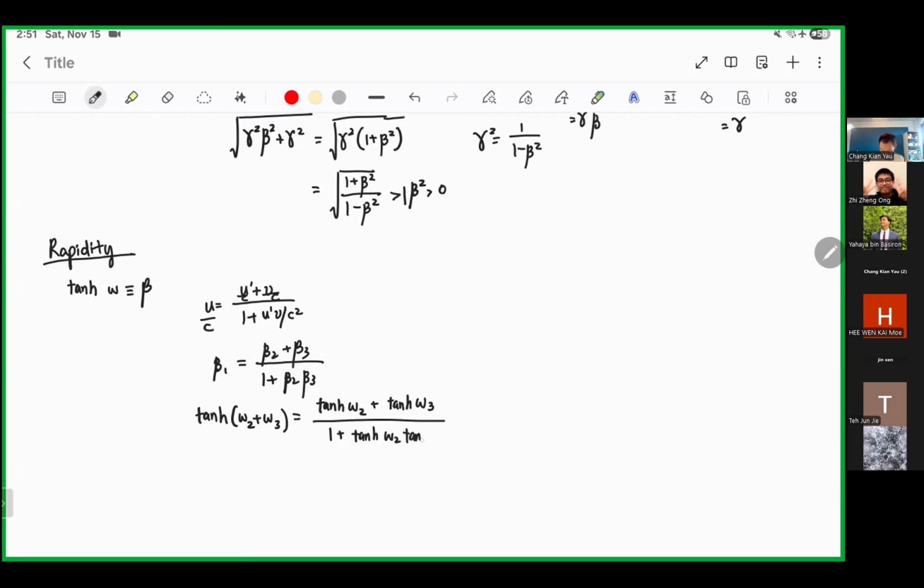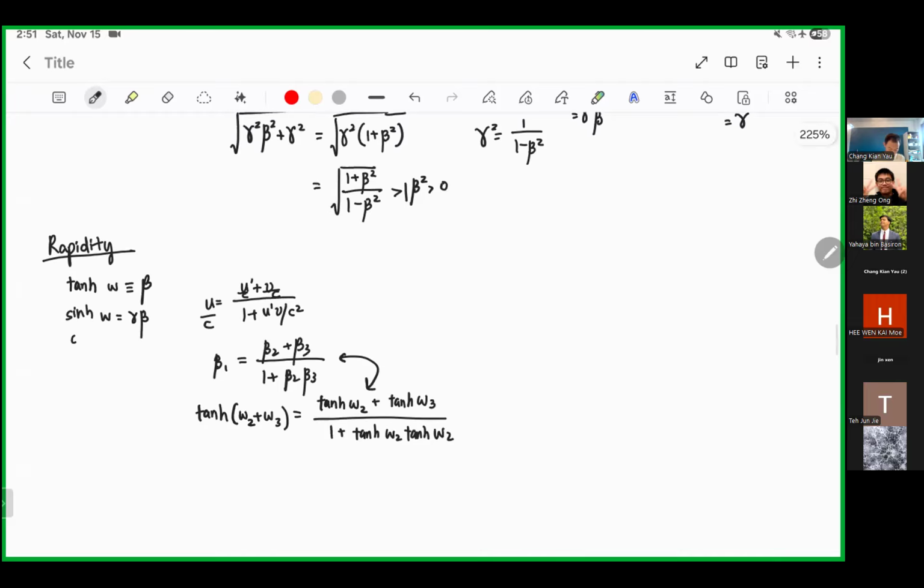They technically have the same form, so we can define this thing here, and it will be quite useful in the future. We can use this to find the hyperbolic sine. I can give you the answer, but technically you can derive everything yourself from the hyperbolic trigonometric identities, and then you have cosh, which is gamma.